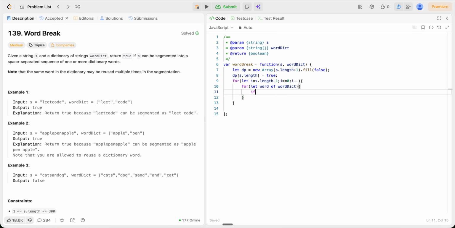At any given index, I'm going to check if i plus word.length is less than or equal to s.length. That is when I'll be taking it.